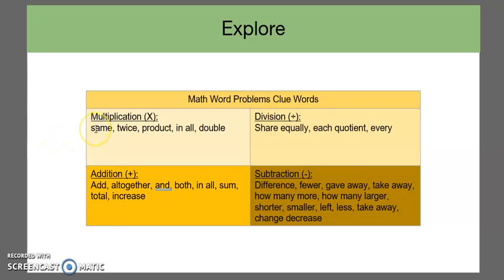For example, if we're looking at words like same, twice, product, in all, double, we're looking at multiplication. If we're looking at share equally, each, quotient, every, then we're looking at division. If we're looking at add, altogether, and, both, in all, sum, total, increase, we're looking at addition.